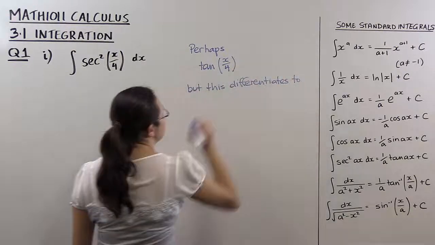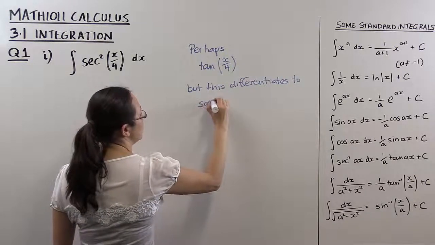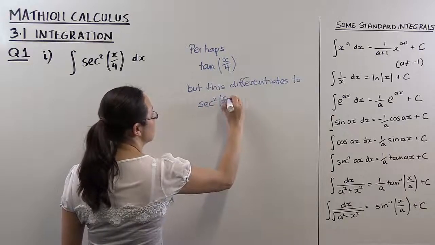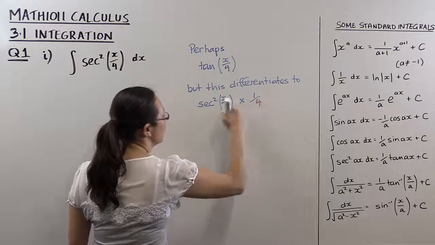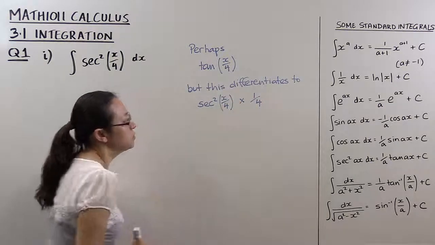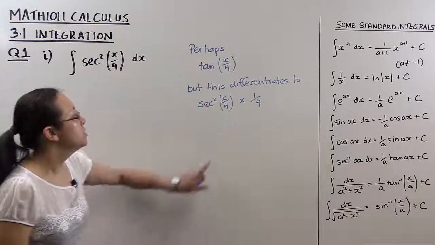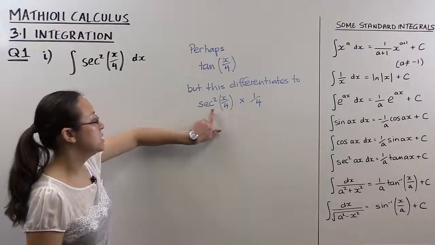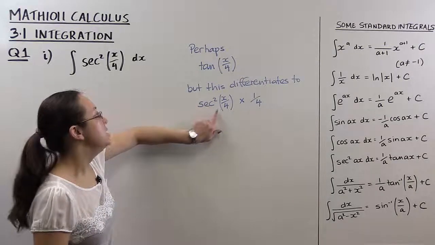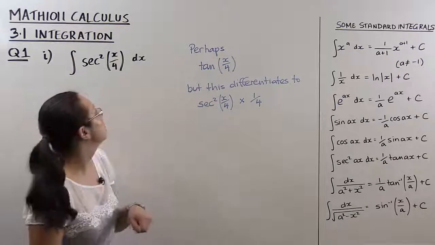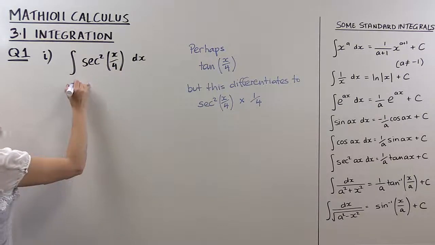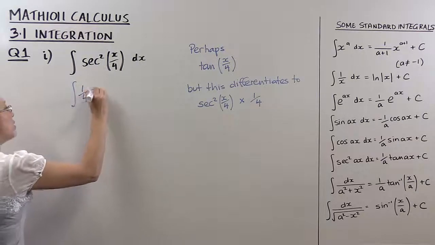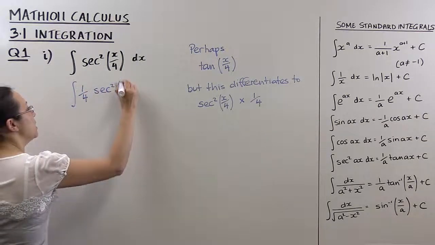But when we differentiate tan of x on 4, we have to remember the chain rule, because tan differentiates to sec squared, but in addition, we'd need to multiply by the derivative of x on 4, which is a quarter. So in fact, a quarter sec squared of x on 4 anti-differentiates to tan of x on 4. So to find this indefinite integral here, I would really need a quarter of sec squared of x on 4.